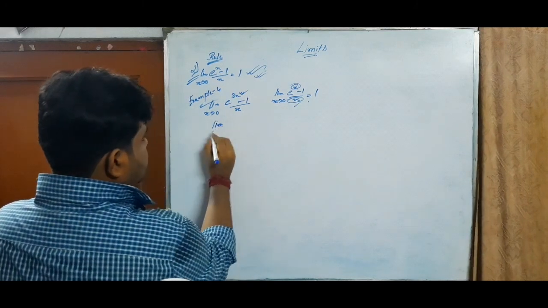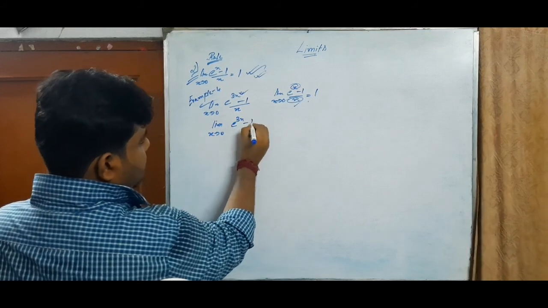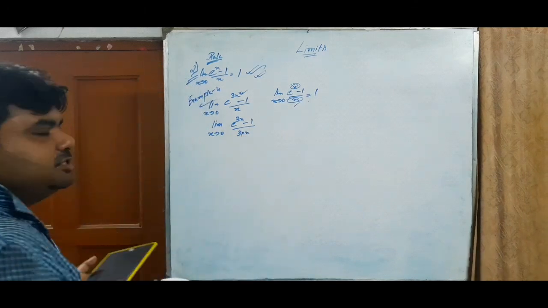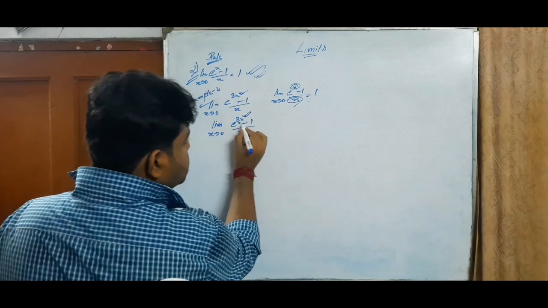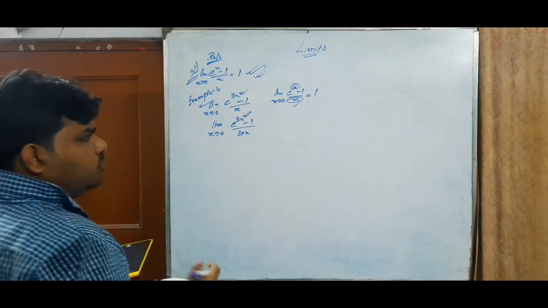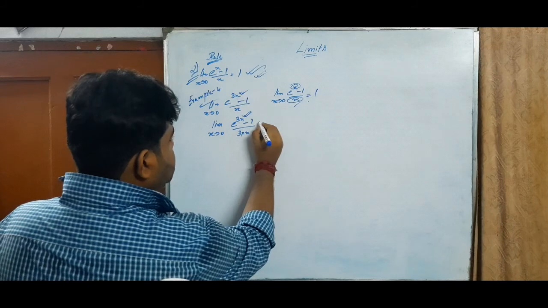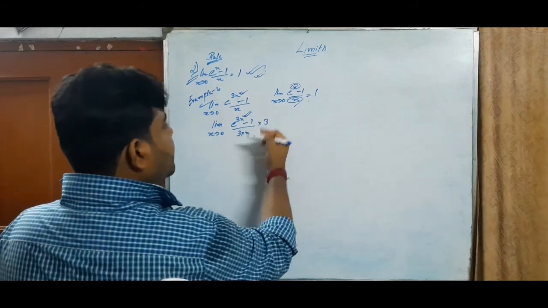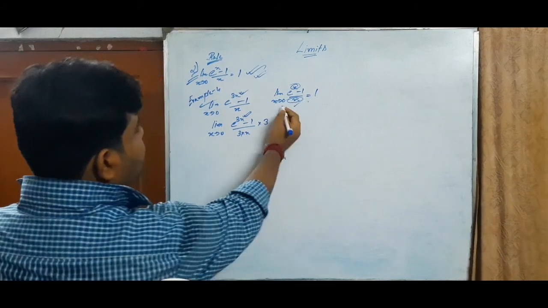Just see, limit x tends to 0, 3 into (e to the power 3x minus 1) by 3 into x. That is, we are multiplying the denominator by 3 to get it equal to this power. So we can't divide by any number we wish; we have to multiply by 3 in the numerator also. So we are multiplying both the numerator and denominator by 3 to get this form.